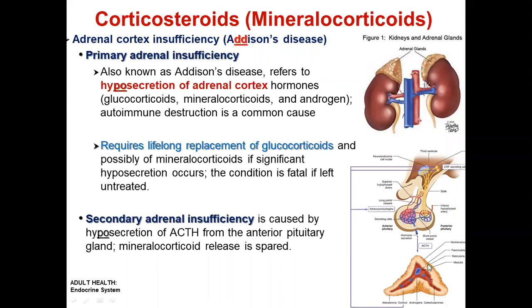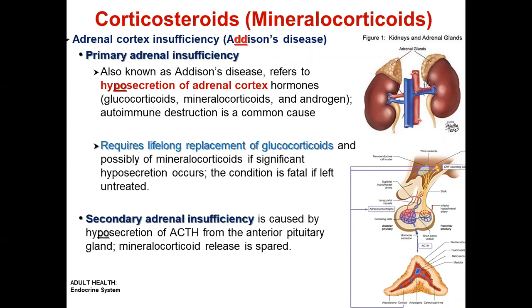The outer layer is called the cortex, and the outer layer secretes aldosterone, corticosteroid, or androgen like testosterone or estrogen. So if the outer layer of the adrenal gland, the cortex, does not secrete enough of the steroid hormone, we call it adrenal cortex insufficiency, shortly called Addison disease, right?